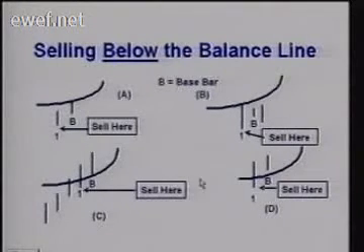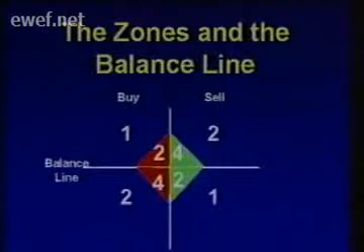We have a blue light special, and once again, this D illustration in the lower right hand corner illustrates that it doesn't matter so much where the base is, it's where that signal bar is hit. That's the important thing. So you would be short 1 tick below that.